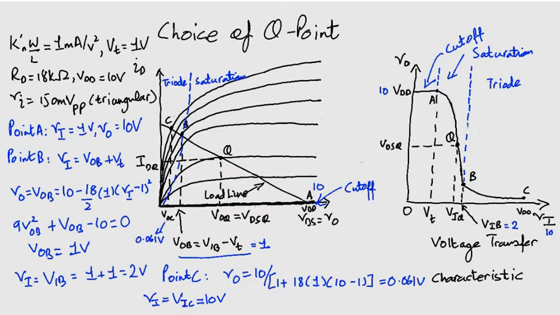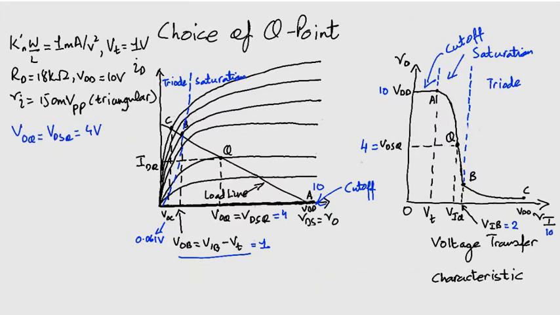Now we have to bias the amplifier to operate at an appropriate point in the saturation region segment. Since this segment extends from V0 equals 1 volt at point B to 10 volts at point A, we choose to operate at VOQ equals 4 volts. Why we have chosen this point will become apparent shortly.